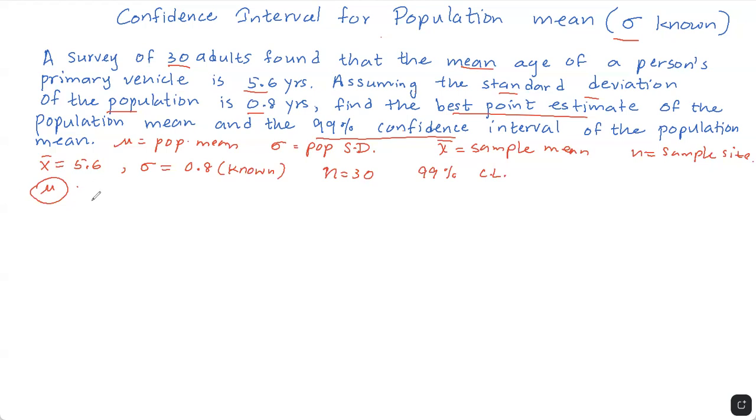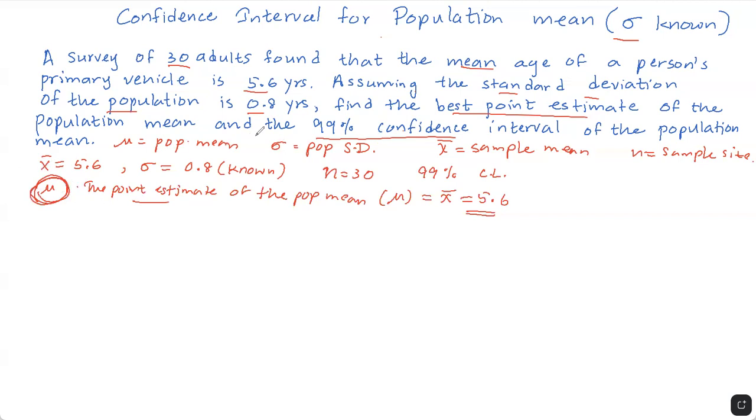So in that case, the best point estimate of the population mean, which is mu, will be x bar, the sample mean. In this case, the value is 5.6. So this is the best point estimate for this unknown population mean.